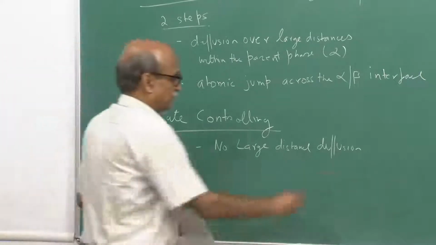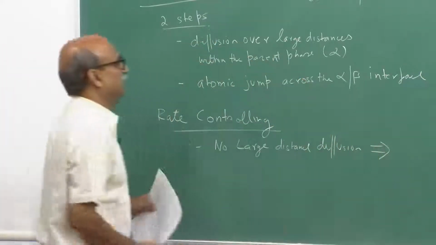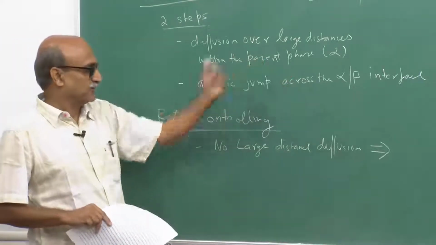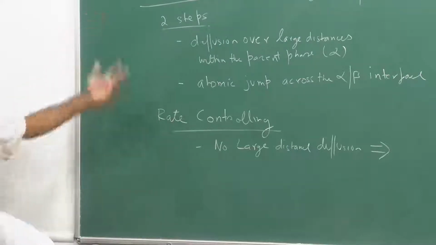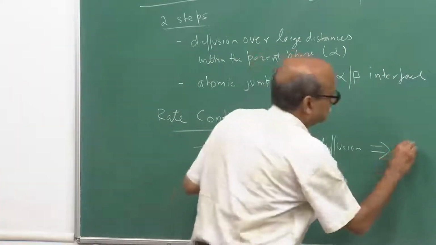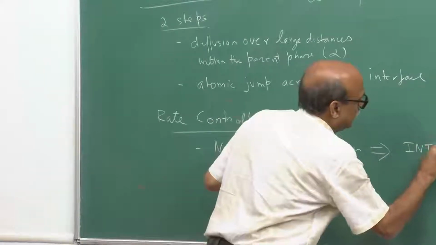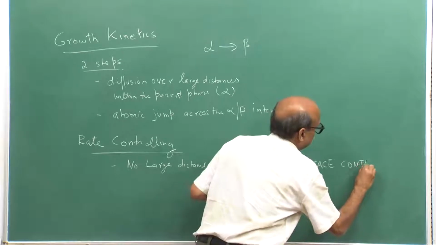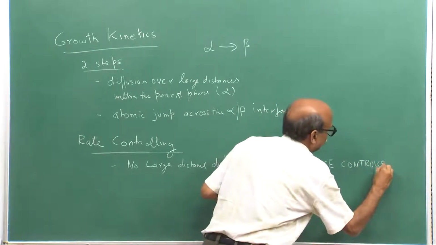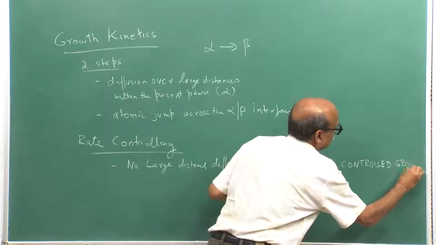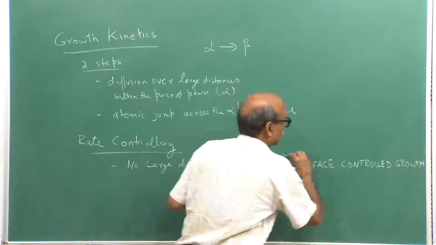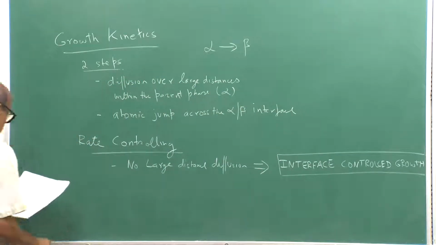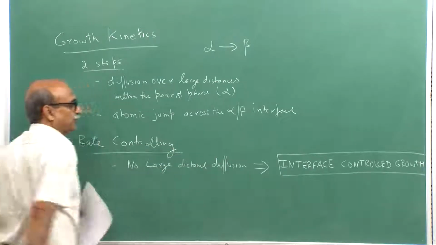Such a process, where it is the atomic jump across the alpha beta interface that controls the growth kinetics, is called interface controlled growth. So, this is one scenario that may be there.